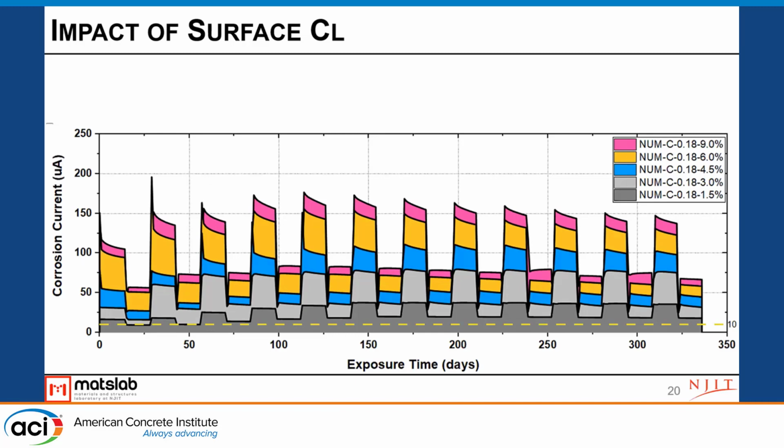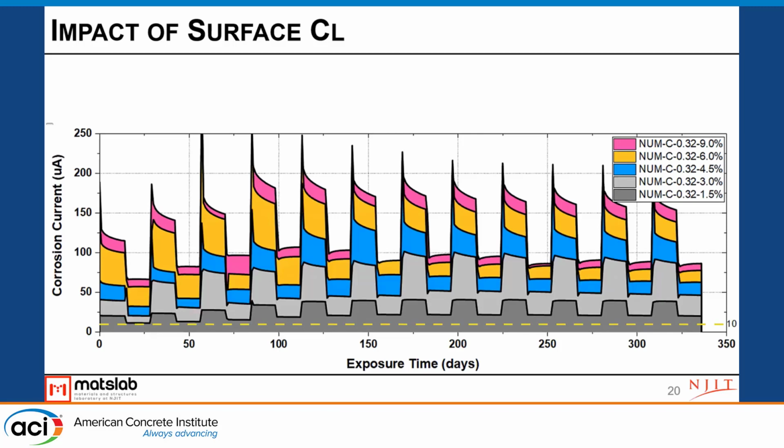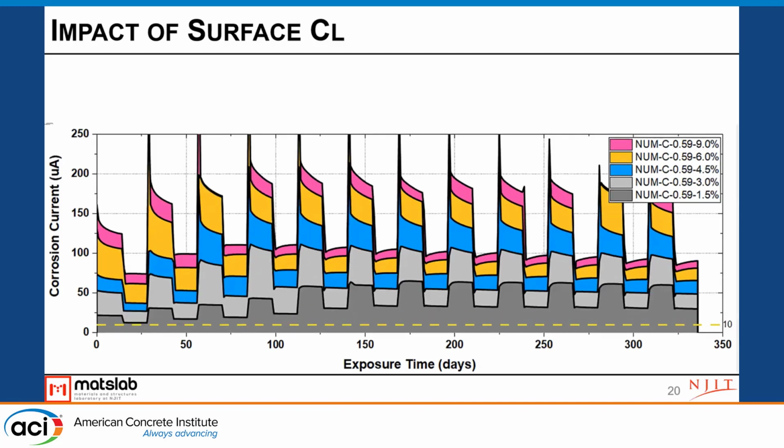However, when we get higher chloride concentration at the surface, again it slows down, and the gap between these different concentrations, especially at higher concentrations, is getting smaller. The same trend is observed with the 0.32 millimeter crack width, and also the 0.59 millimeter crack width.